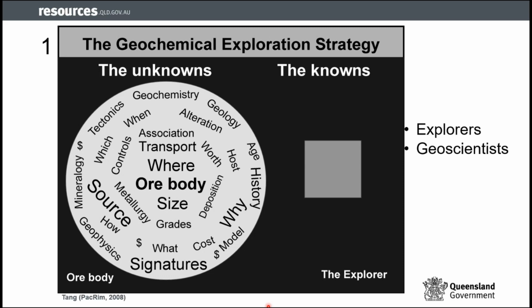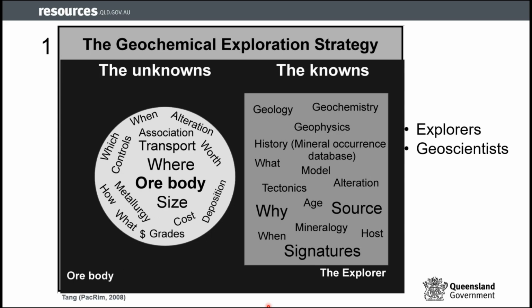When you start an exploration project, you have to assume that it's a clean slate, that you know nothing about it, and it's only through proper research and project review that you will populate this with whatever knowledge is available through the historical amount of data, which will answer the why and what questions. However, it does not answer the how and where questions, because if you know how to find it and where to find it, you've got a deposit. There are still leftover things that you have to find as geologists.